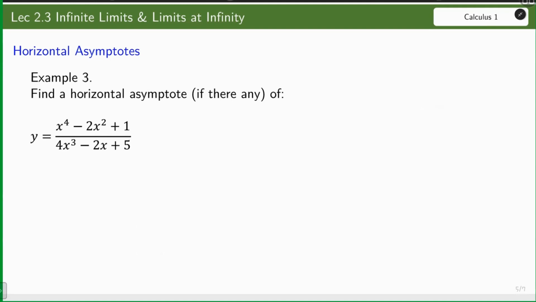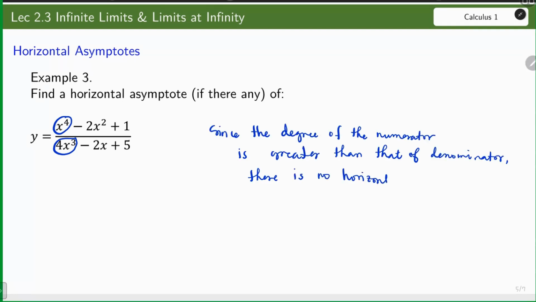The highest powered variable in the numerator is x raised to 4 and on the denominator, 4x cubed. We are no longer going to get the limit of this as we all know that this one is an improper fraction. Recall also from the previous lecture, the limit of this one as x approaches infinity would be infinity.